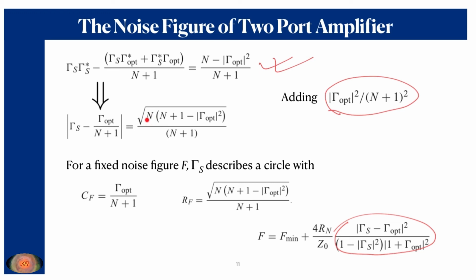Now if n becomes close to 0, then this r also goes to 0, and the center of this gamma s approaches a constant, this gamma optimum. So if you choose the center at the gamma optimum, then the radius will be 0 automatically, and you will get a dot for this expression of the gamma s.